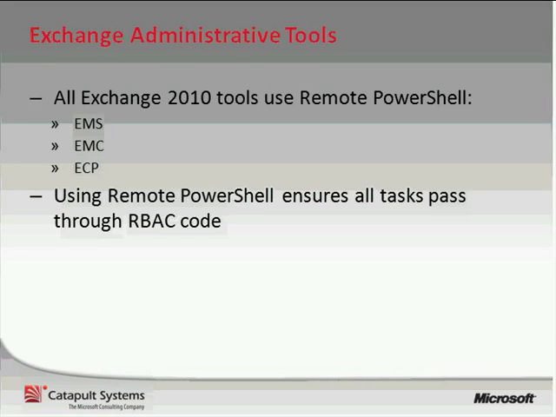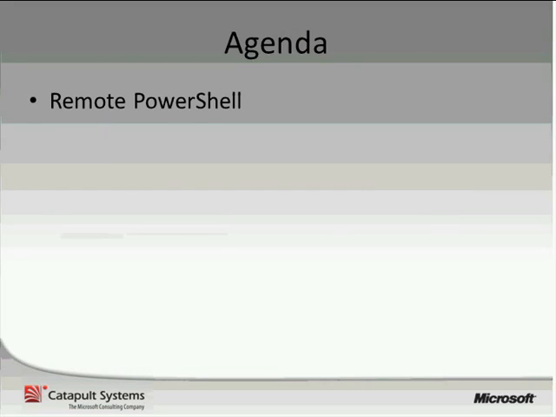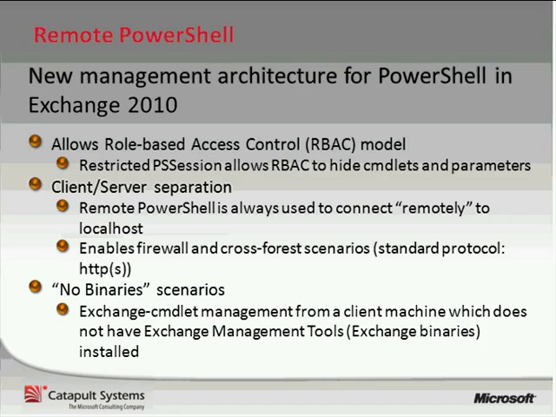Remote PowerShell is used because we need to ensure that all tasks pass through the RBAC code. And what I mean by that is that when you run a remote PowerShell command, it actually runs on the Exchange server, which is running the RBAC code.